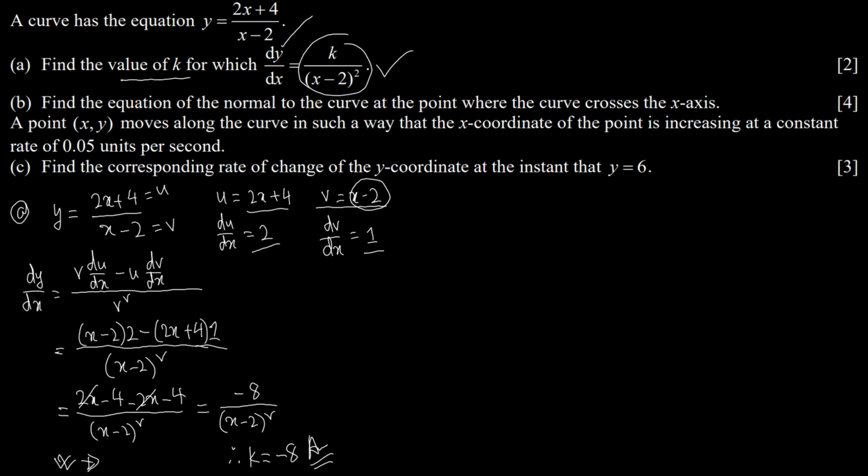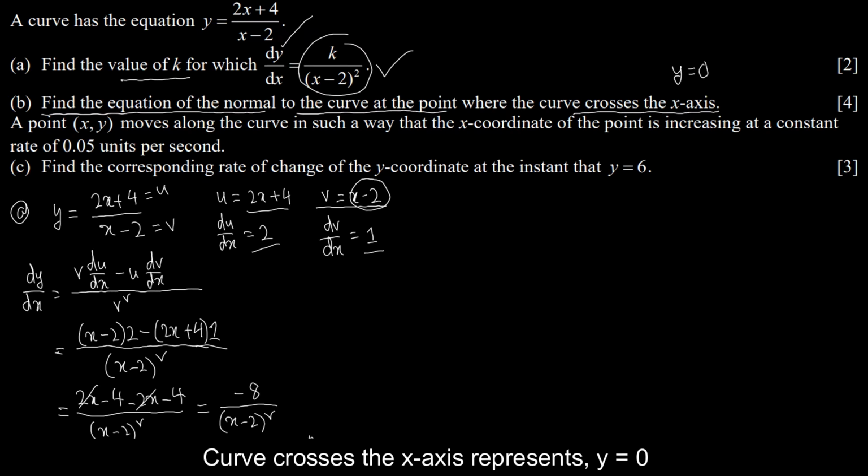The second part is written here: find the equation of the normal to the curve at the point where the curve crosses the x-axis. We all know crossing the x-axis means y equals 0. We need to find the coordinates first to get the normal equation.